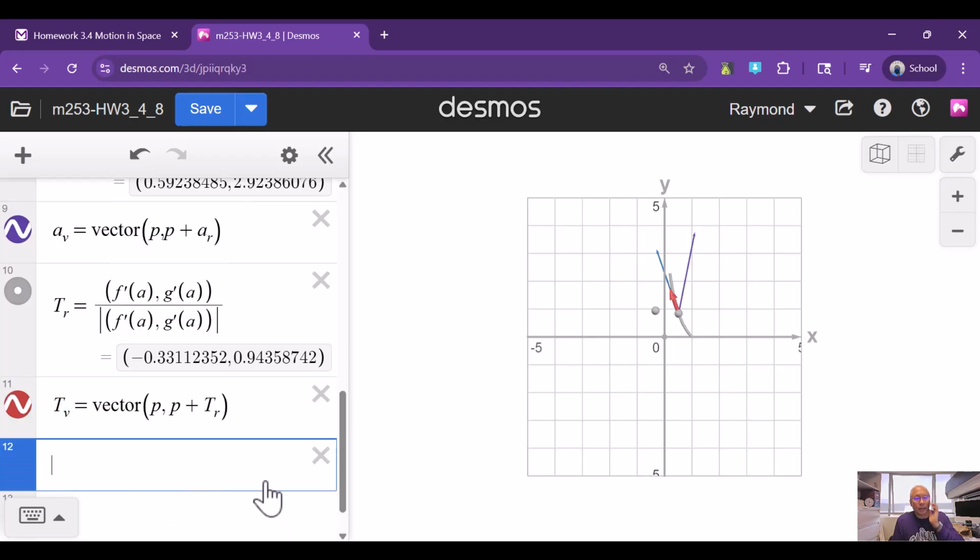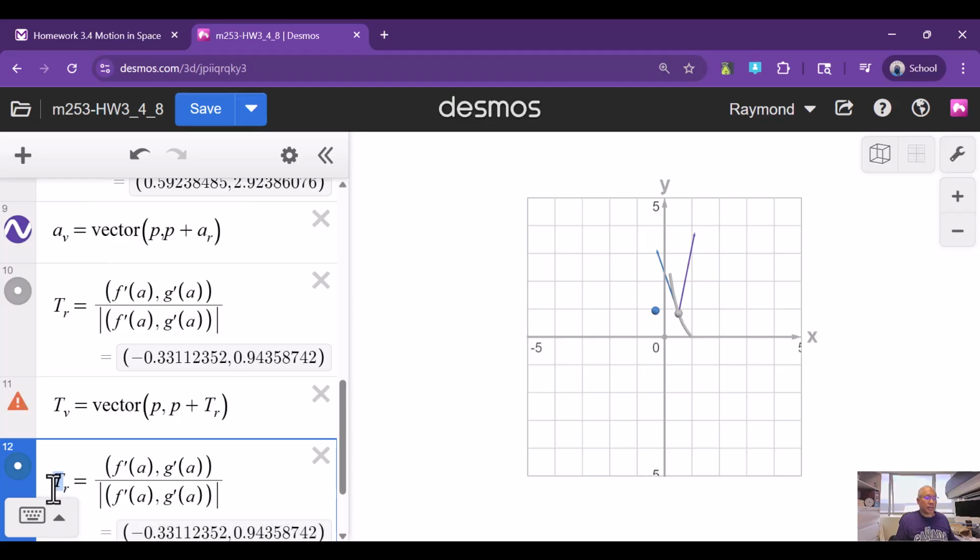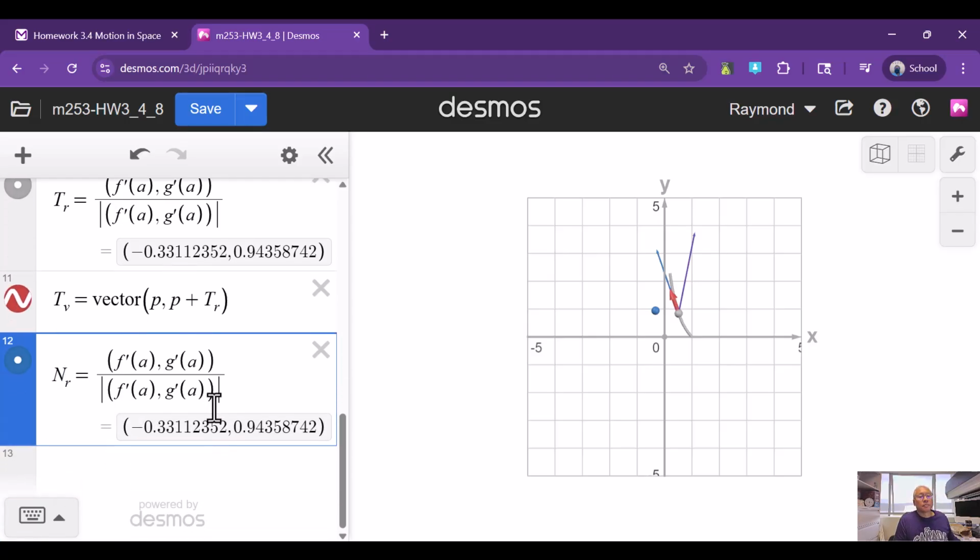Alright, now to find a unit normal vector, what we essentially want to do is take this and switch it around, and then take the dot product so that the dot product is equal to 0. So I'm going to copy this whole thing, and then I'm going to call this capital N. The key is that if we switch the F prime and the G prime, switch those places and even make one of them negative, which is what we're going to do, then the denominator should still be the same.